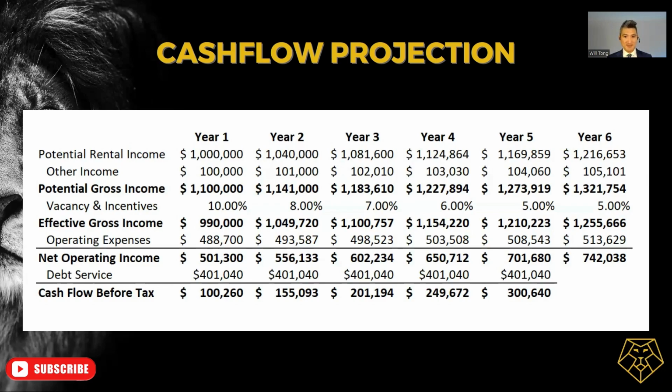Maybe it's reasonable to assume that your operating expenses are going to go up by 4% per annum, or 5%, or 2%. Then you also factor that in across the board. That will then give you your net operating income, less your debt, whatever you're paying on the mortgage, which would then give you your net cash flow before tax.